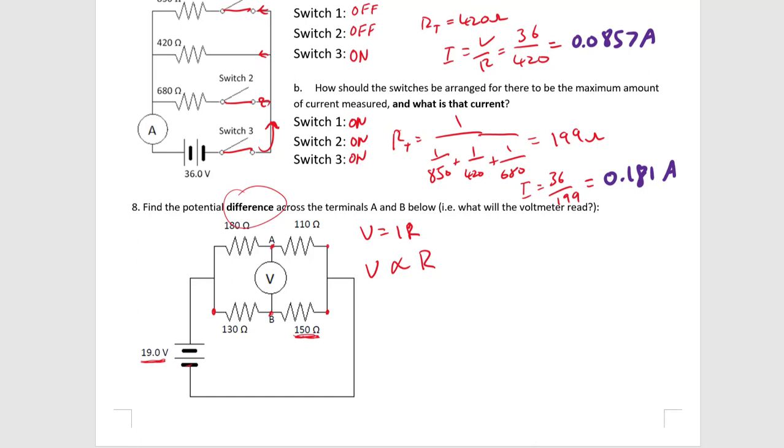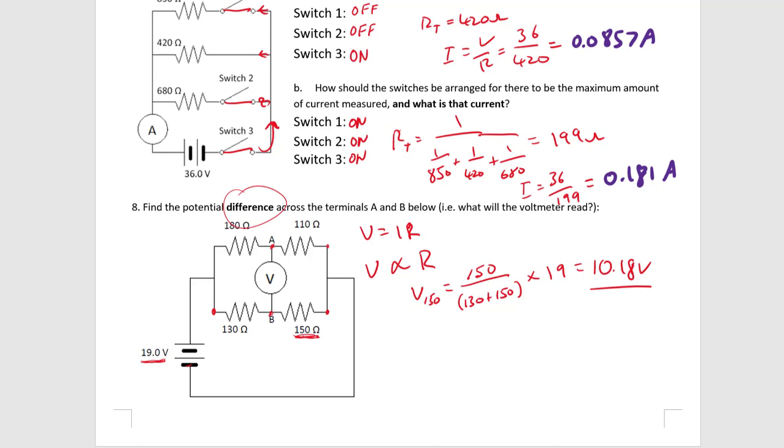So to write that mathematically, I can say that the voltage for the 150 ohm resistor is going to be equal to the ratio of how much the 150 ohm resistor takes up over 130 plus the 150, multiplied by the total voltage, the 19. So effectively what you end up with is 10.18 volts. So you can see that's a little bit more than half of that 19 volts, which makes sense because it's a little bit more than half of the total resistance.